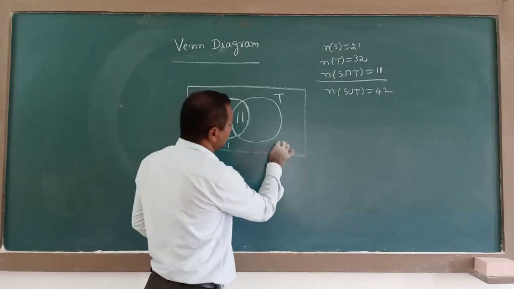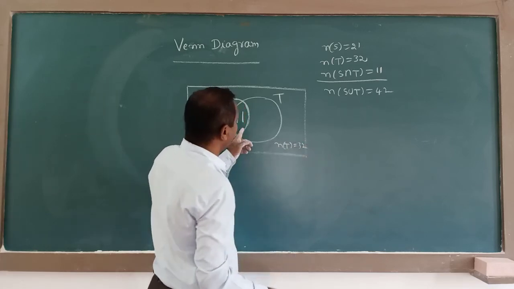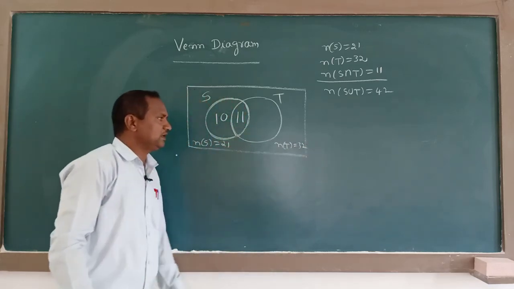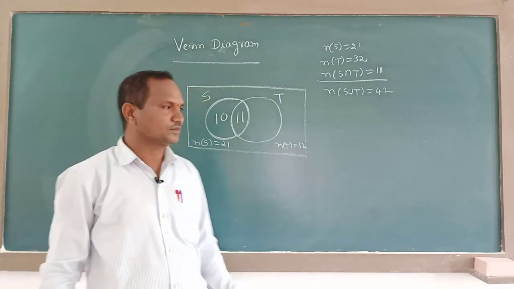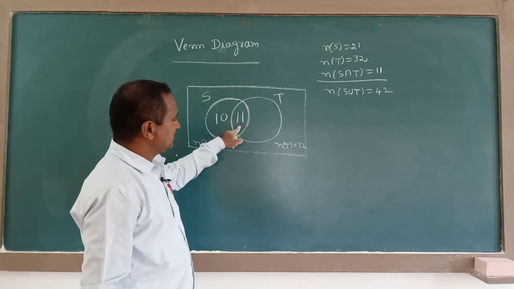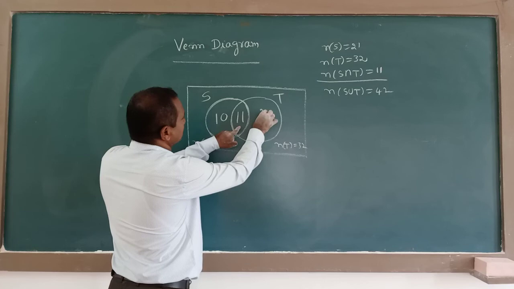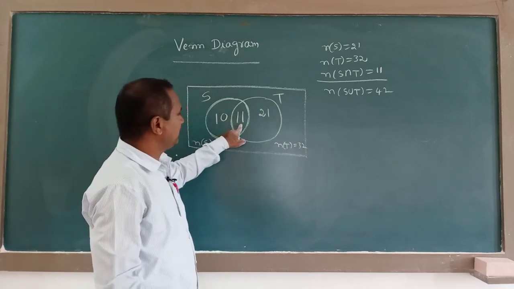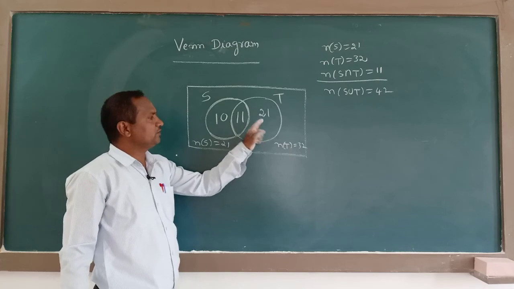n of T is equal to 32. Already 11 are there. 32 minus 11 becomes 21 here.